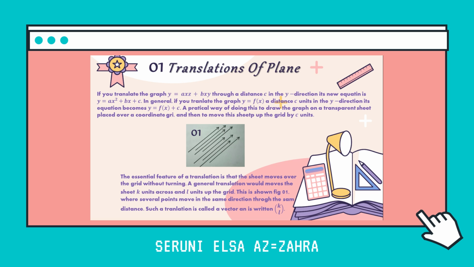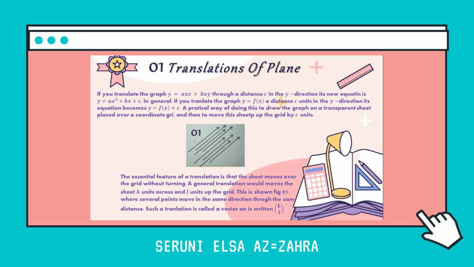In general, if you translate the graph y equals f(x) a distance c units in the y direction, its equation becomes y equals f(x) plus c.